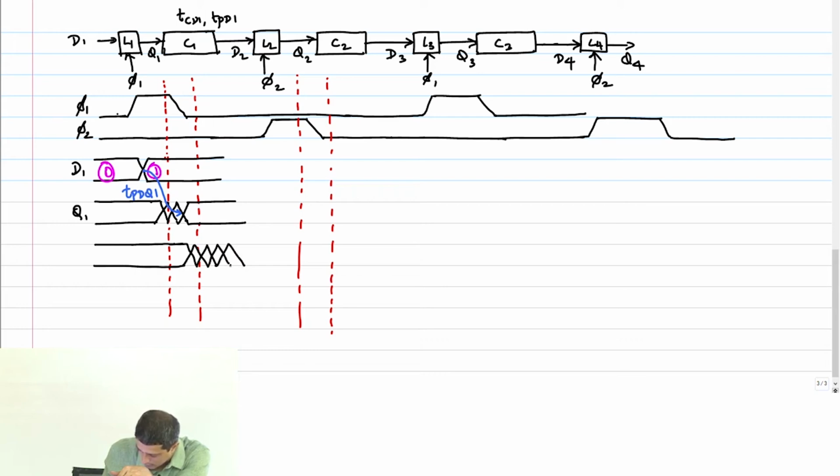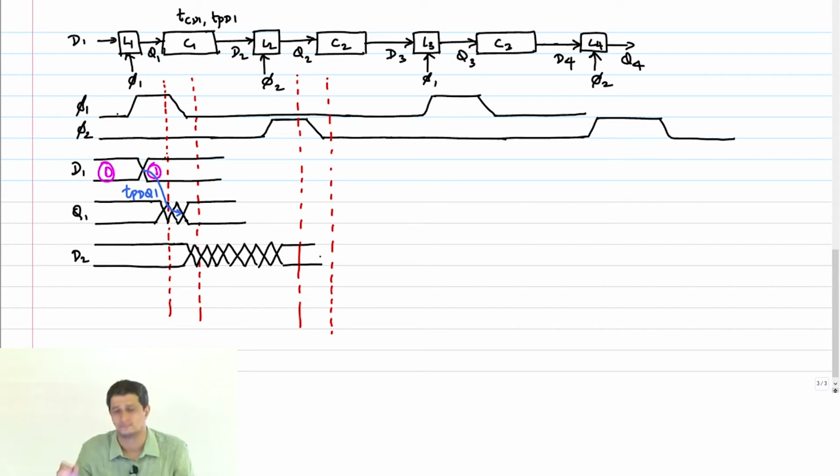Okay, let's again, what's the worst case? Should D2 settle before phi 2 rises, or can it go inside? Yeah, it can go inside, right? Same logic that you apply for L1, you also apply to L2, right? Therefore, this change is going to take it right in.